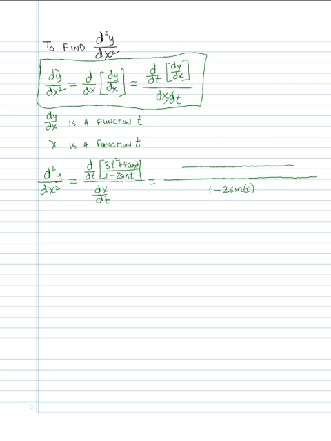So we're taking the derivative of a quotient, so we take its denominator, 1 minus 2 sine t, and we multiply it with the derivative of the numerator. In that case, we get 6t to the first power minus 4 times the sine of t.